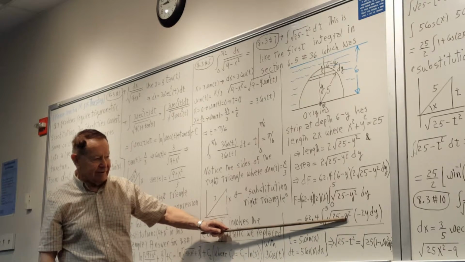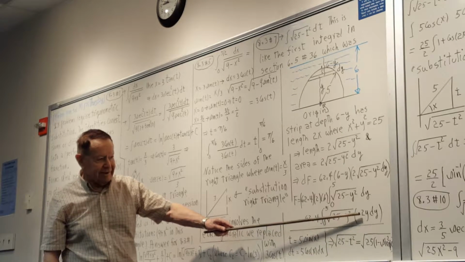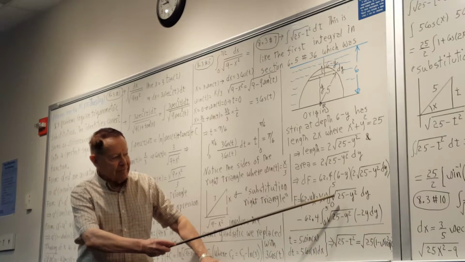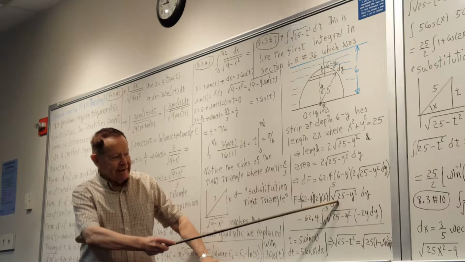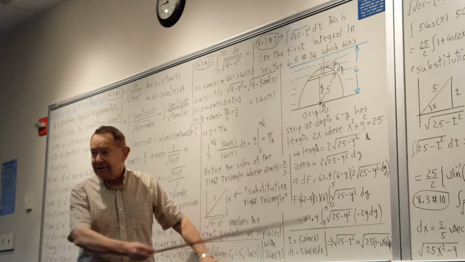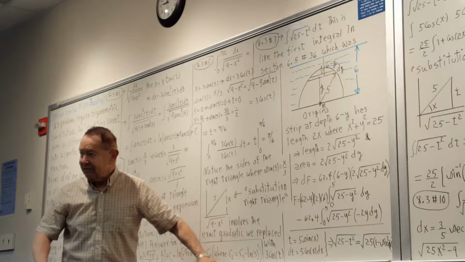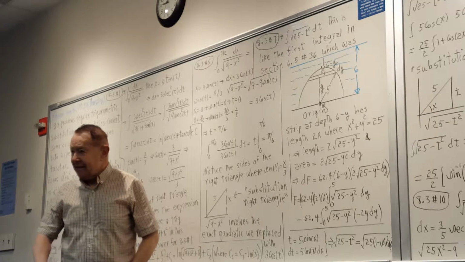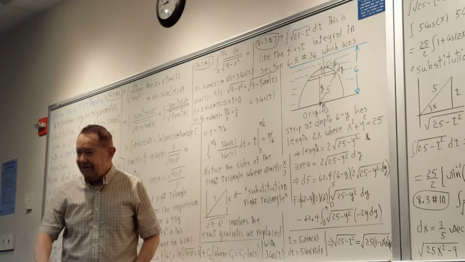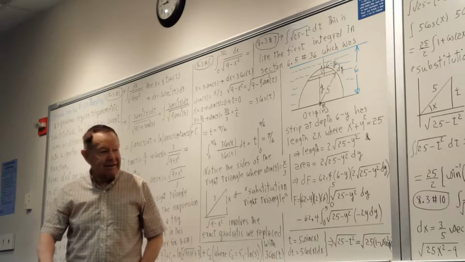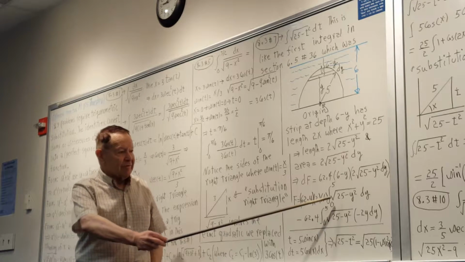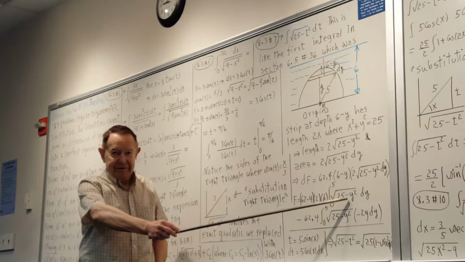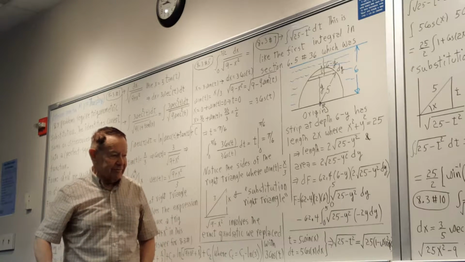If u is 25 minus y squared, the du is the minus 2y dy. And if you can remember back, we had this one, and I said at the time, this is something that we don't know how to do. And I referred you to the formula in the back of the book, number 45, in the appendix. And we did this one in class by referring to that formula and substituting into the formula.